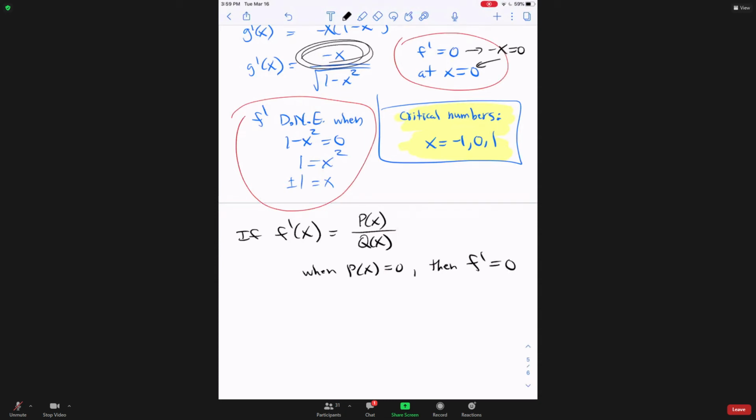That means 0 over anything, provided it's not 0 over 0, because then that's a whole other mess. So you include those x values. When q of x equals 0, then f prime does not exist. That's also a critical number. So you've got to watch out for both.